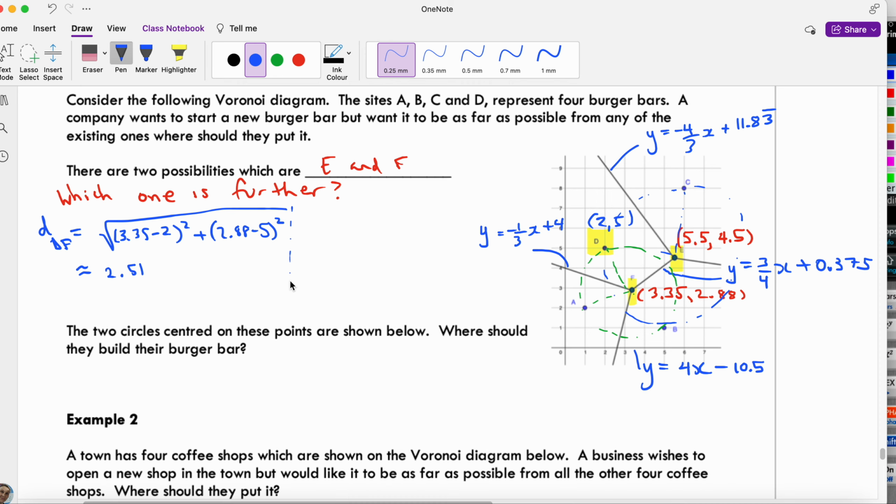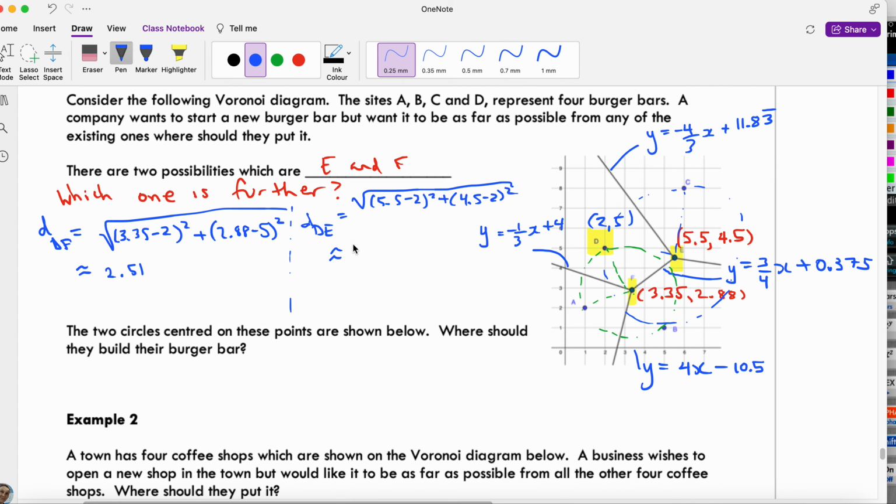Okay. Now we're going to do exactly the same thing, and we're now going to find DE. Again, I'm just going to go a little bit higher here so I don't get in the way. So DE is going to be 5.5 minus 2, and then 4.5 minus 2.